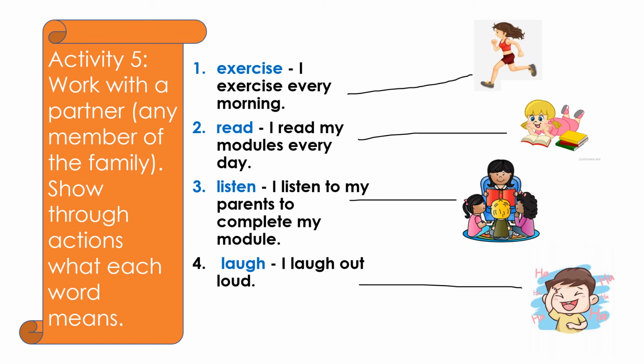Okay, so those actions, you are going to work with your partner, any member of your family, like for example, your mother, your father, your sister, or your brother, or any member of the family that you've been together. Okay, so that's nice.